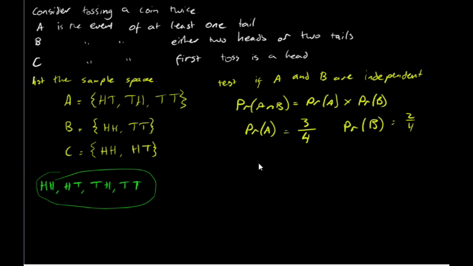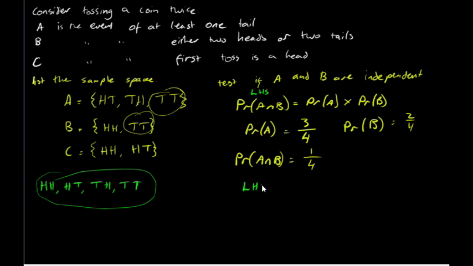So A and B, what occurs in both A and B? Well, we've got 2 tails. So the probability of A and B, well, there's only 1 out of the 4. So to put the values in and test for independence, we've got our left-hand side.